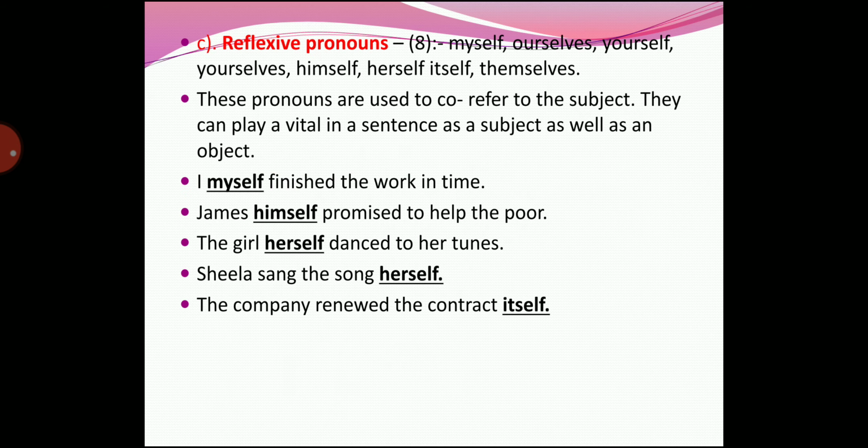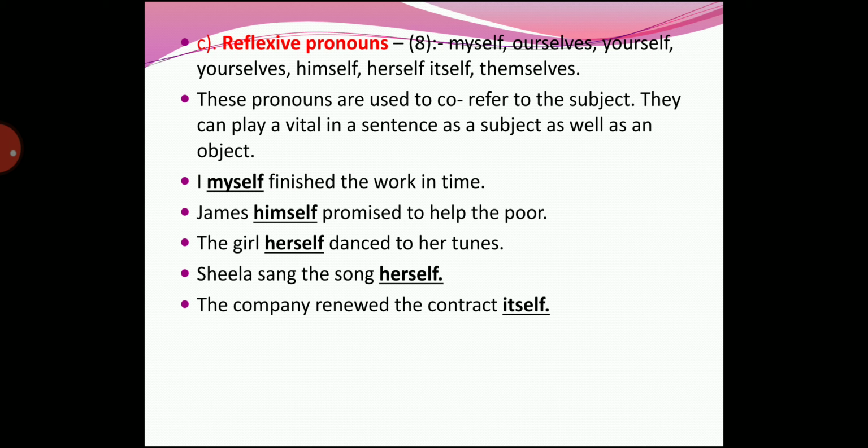Reflexive pronouns show ownership. At the end of these words, self or selves will be there: myself, ourselves, yourselves, himself, herself, itself, themselves. These pronouns are used to co-refer to the subject.